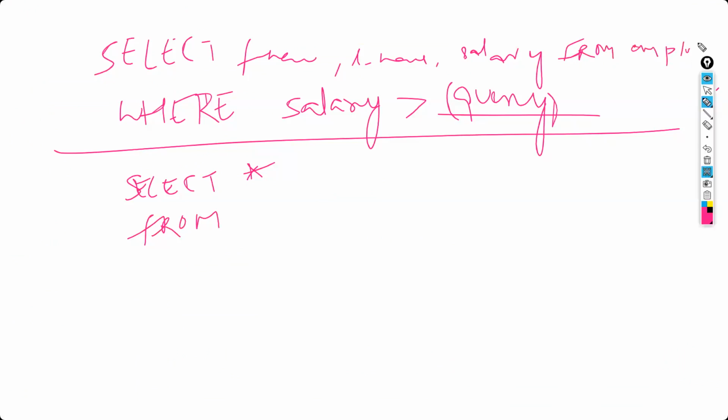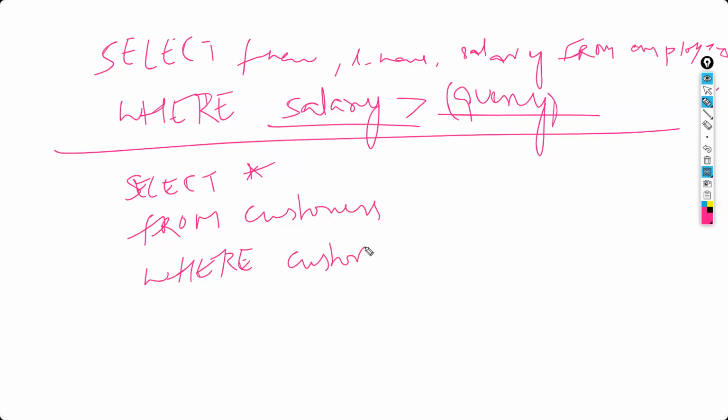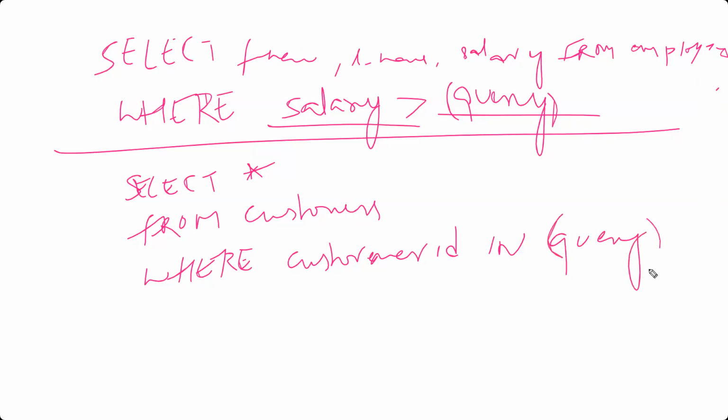Here also I'm going to select from customers, where, up to here common. After where, earlier I had written salary greater than one more query. Here I'm writing the customer ID in one more query. This query I'm going to keep in the brackets.